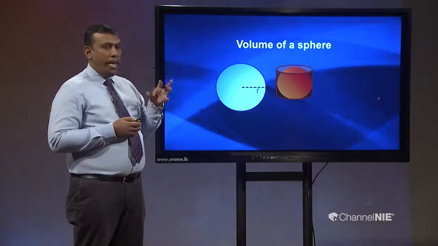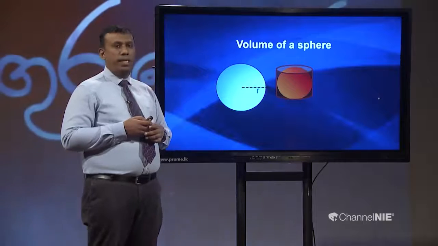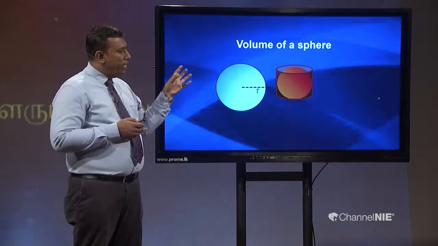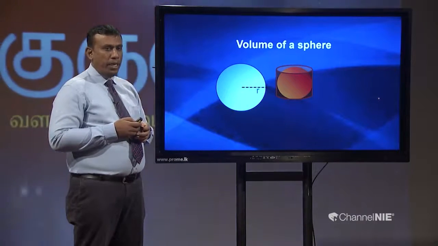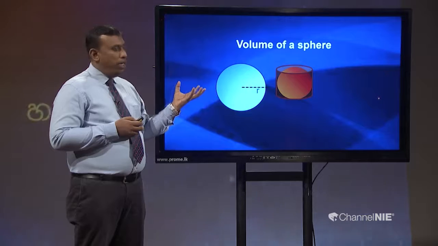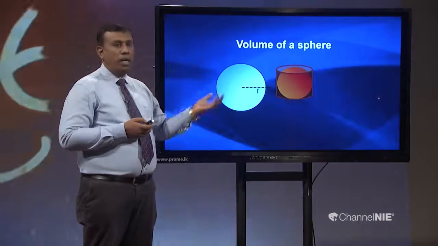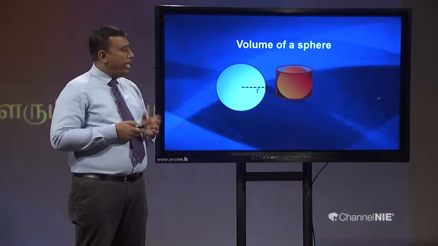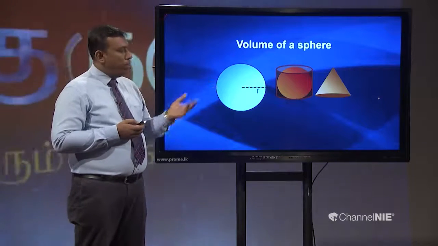So if you can make that type of cylindrical part, we call it the circumscribed cylinder. Then if you place that sphere inside that circumscribed cylinder, the sphere contacts the base of the cylinder and the upper part of the cylinder also. Then what is this? Now this one is a conical part.